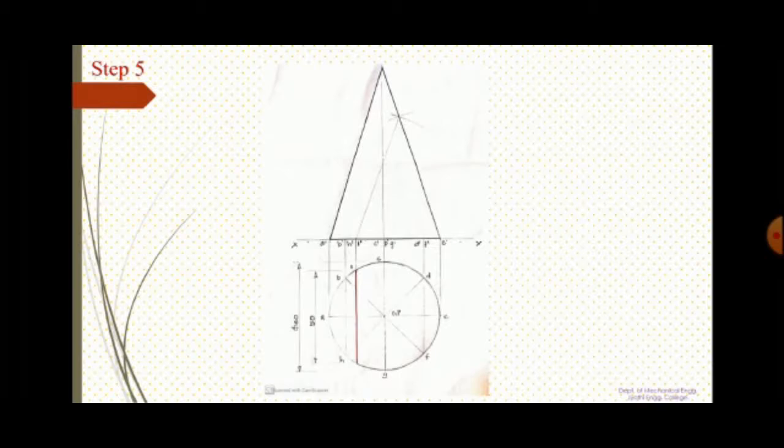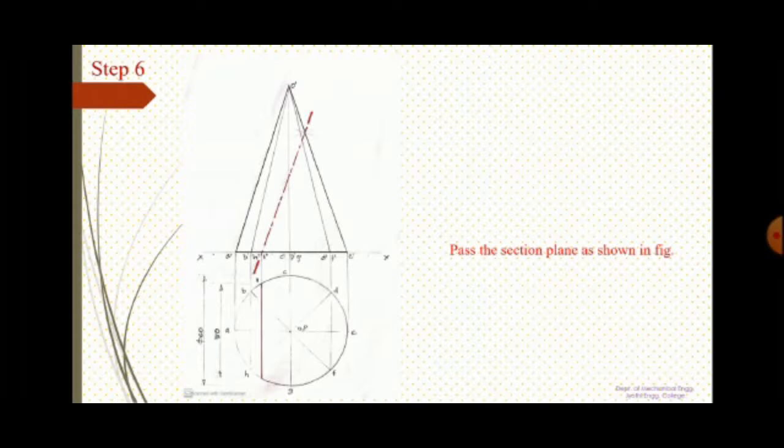So now you get the complete orthographic view of the triangle and also a line connecting the point 1 dash and the meeting point of the arc. Now you pass the section plane as shown in figure. You pass the section plane through the point 1 dash and meeting point of the arc as shown in figure.